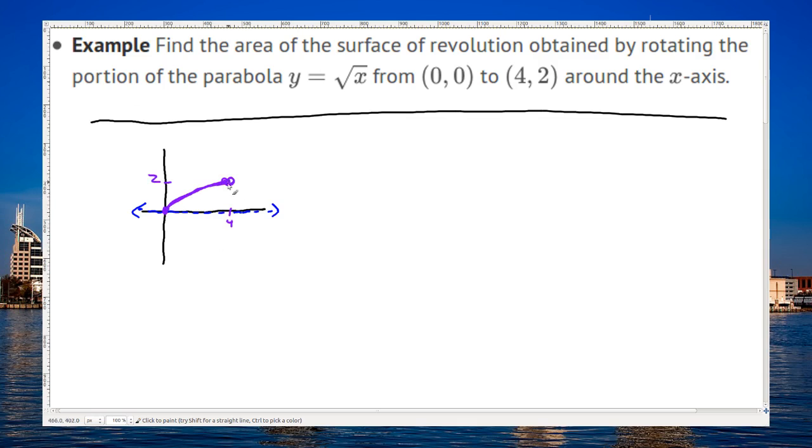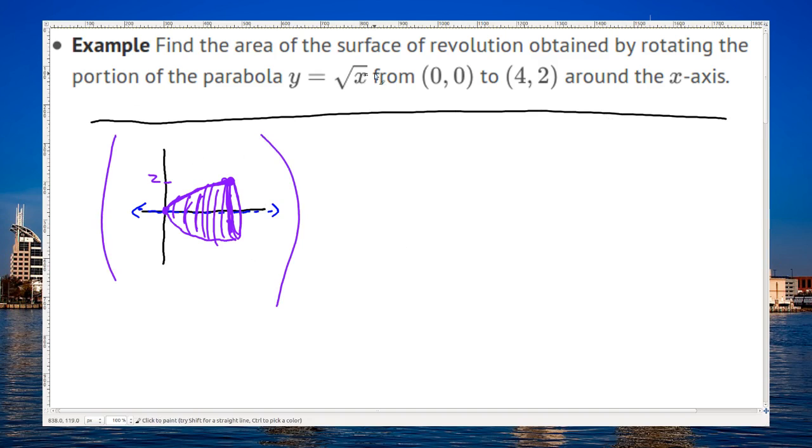And it's being rotated around. So we get this sort of funnel shape right here, what we actually call an elliptical paraboloid. And we want to know the area of this particular surface. All we need to figure that out, we don't have to draw the picture actually to solve this, because we have this nice formula.